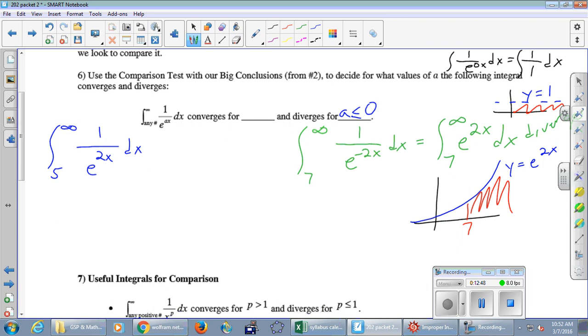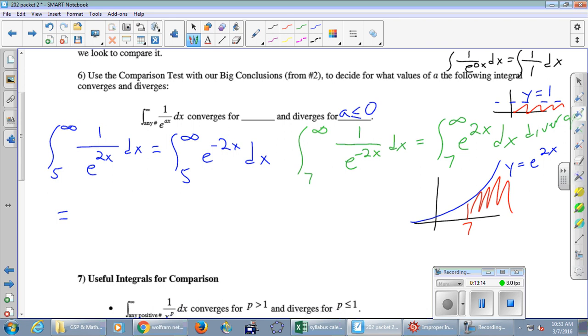And now let's have a look at blue over there. So this guy is equal to the integral from 5 to infinity. We'll bring that guy upstairs. So now it becomes e to the negative 2x. The antiderivative here does require a u substitution. I'm just going to write the final answer here.